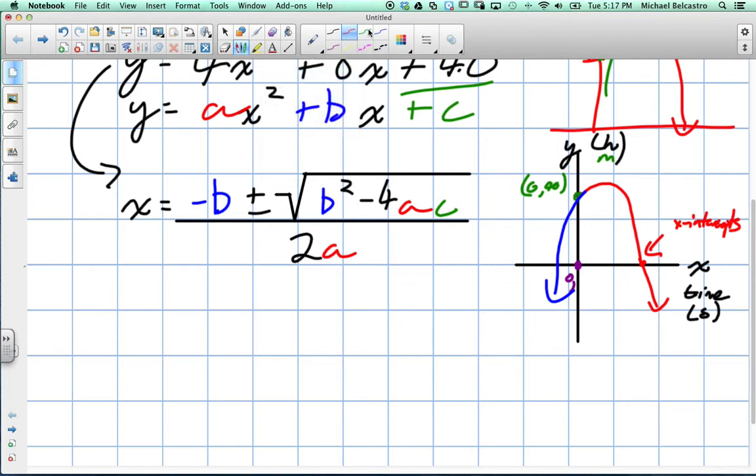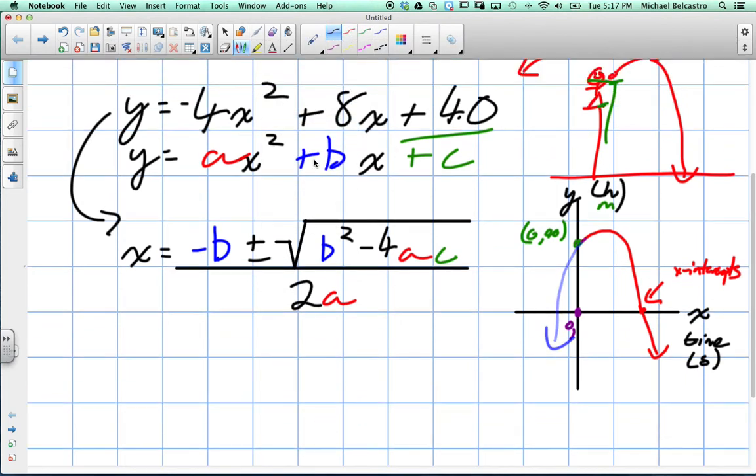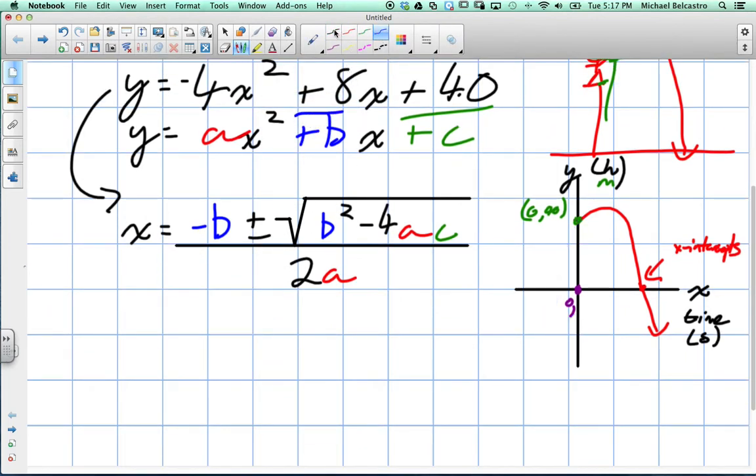So let's work on just solving this for now. Our b value was 8, so we have x equal to negative 8. If it had been a negative 8, it would be negative negative 8, which makes this positive.